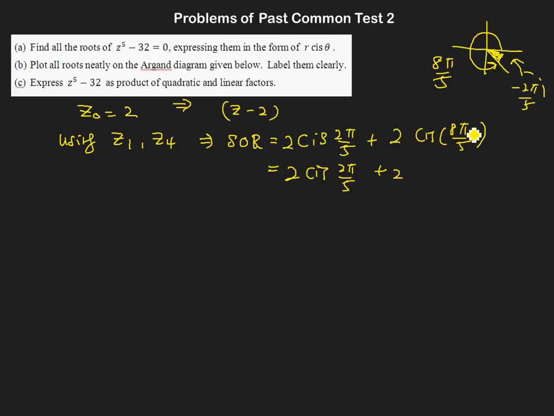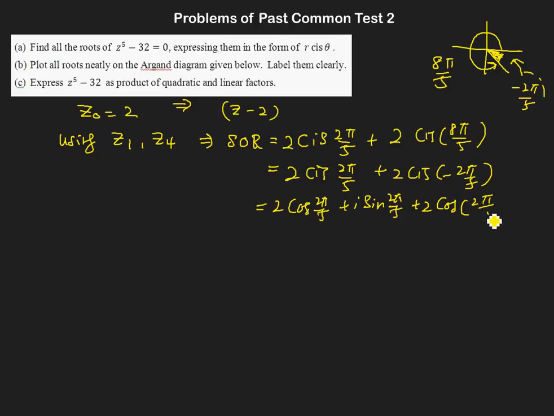This is actually negative 2 pi over 5. If you expand this, it becomes 2 cos 2 pi over 5 plus 2i sine 2 pi over 5. But this one is 2 cos of negative 2 pi over 5, which is 2 cos 2 pi over 5.